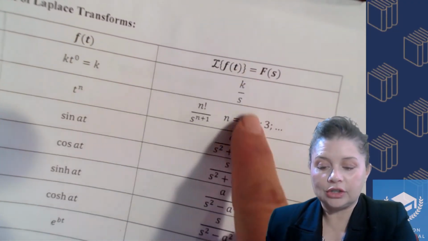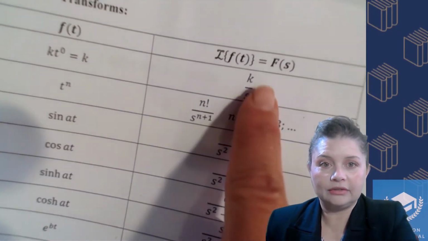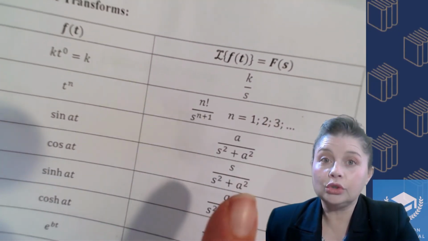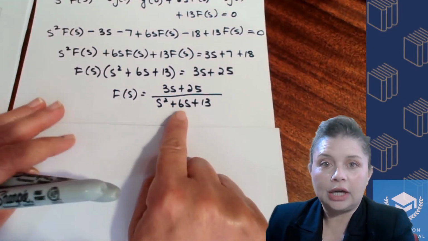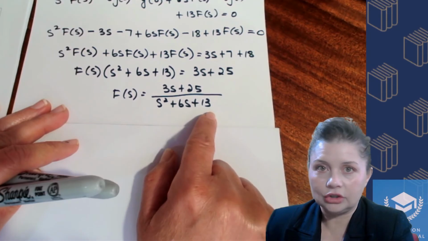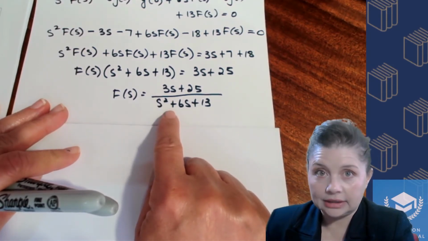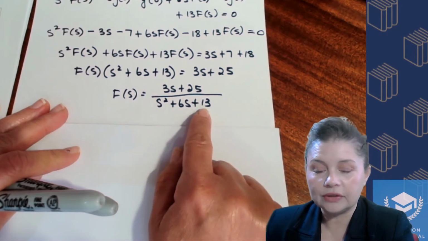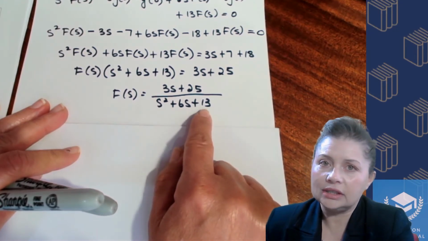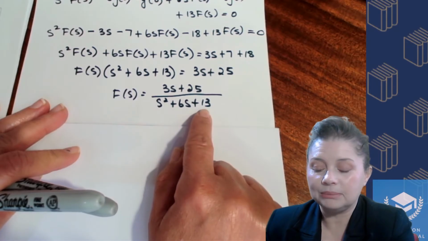Which means that your function has to be in the form of one of these on the table. And a good starting place is your denominator. Here you've got a trinomial, which is like nothing on your table. So you want to ask yourself then, can you factorize? This one you can't because of the 13. The only factors of 13 are 13 and 1. It's a prime number, right?